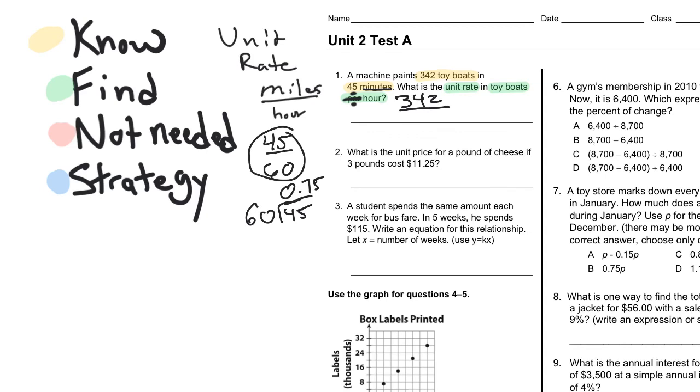All right, so whatever makes sense to you, I'm going to go ahead and keep it, and I'm going to do 45 over 60. All right, so I'm now dividing 342 by 45 over 60. So my strategy is division, okay?